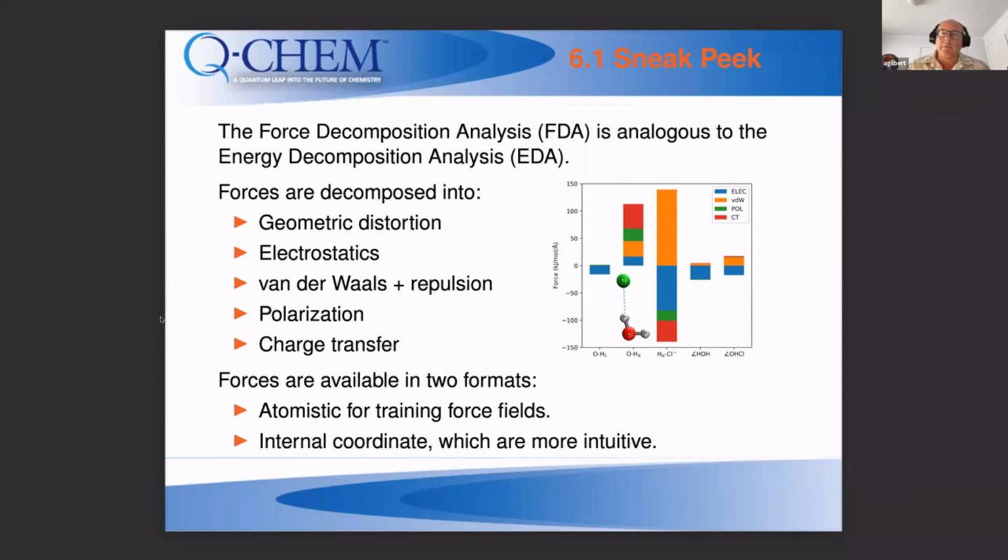And so here we have an example of the water chloride cluster, and we can see that there's significant contributions from all the components for the HCl bond shown there in dashed, but these almost entirely cancel out, and in fact that is a very low total force.